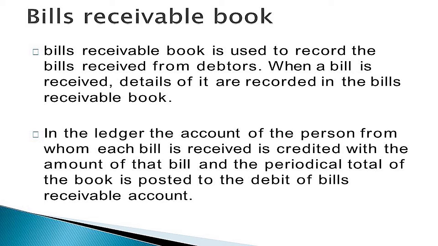The periodical total of the book is posted to the debit of the bills receivable account. In the bills receivable book, the list of all bills we received is mentioned, and the consolidated amount we post to the debit side of the bills receivable ledger account.